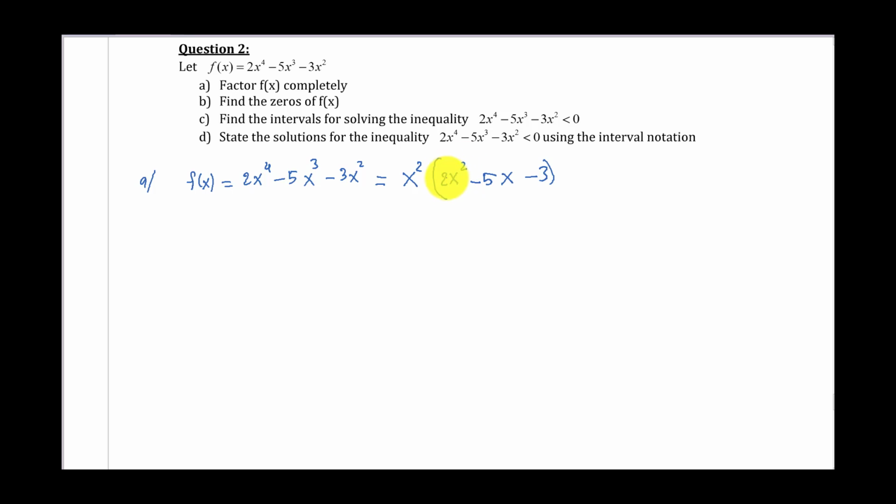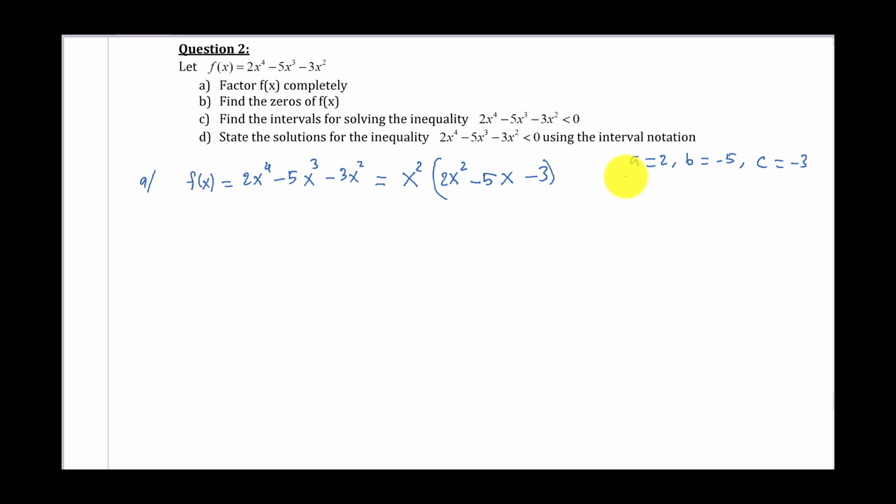So how do I factor 2x squared minus 5x minus 3? Remember, this is the AC method, because the coefficient in front of the squared term is not 1. So we can use something called the AC method. In this case, this is the quadratic expression where a is 2, b is minus 5, c is minus 3.